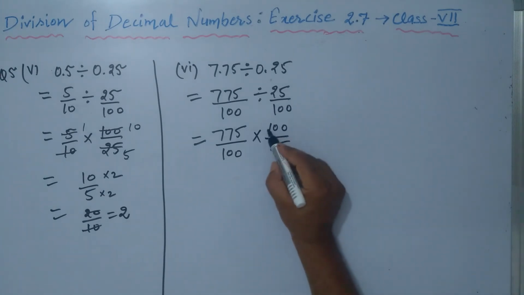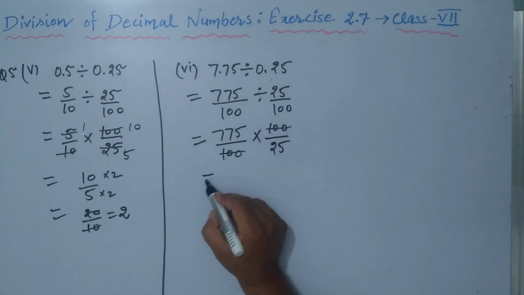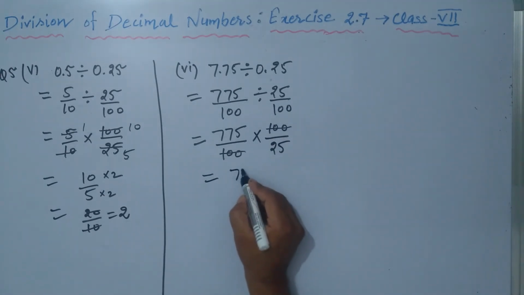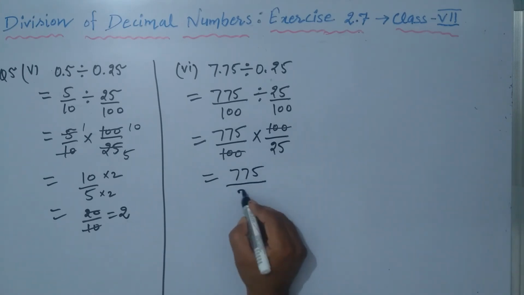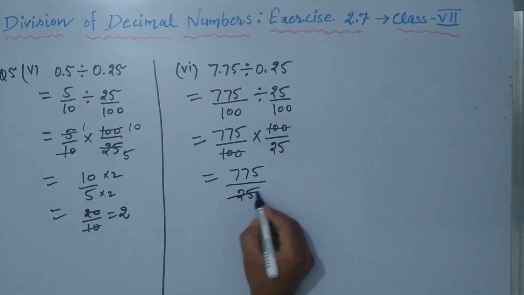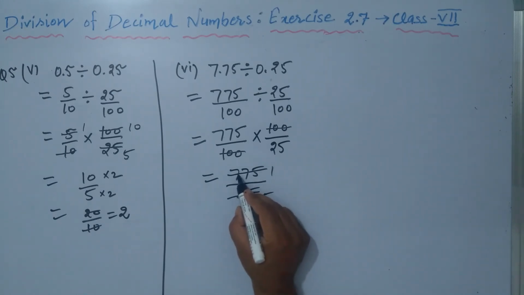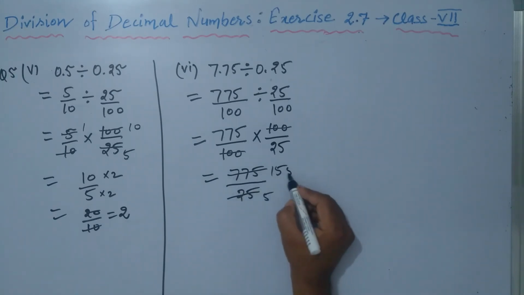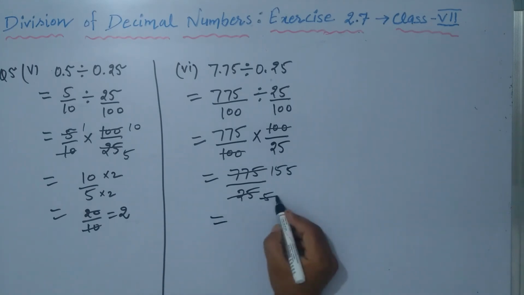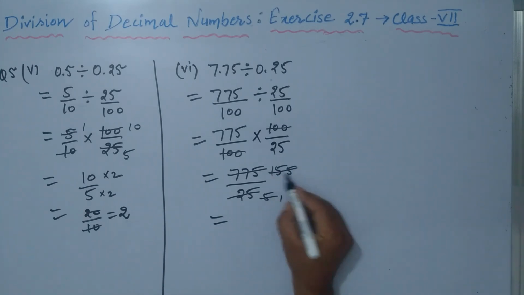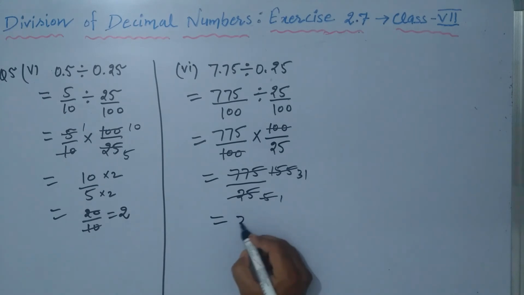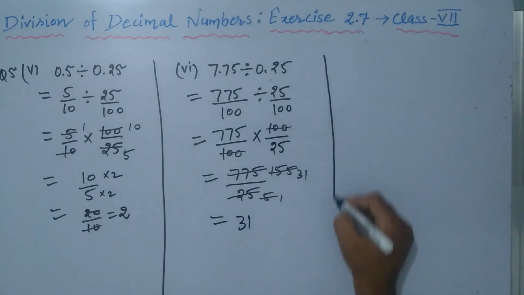So this is cancelled. We are left with 70775 divide 25. 5 fives 25, 5 fives are 25, 5 fives are 25, again 5 fives are 25, 5 3 15, 5 1 31 is the answer.